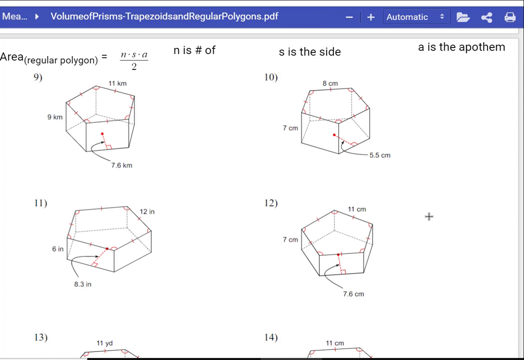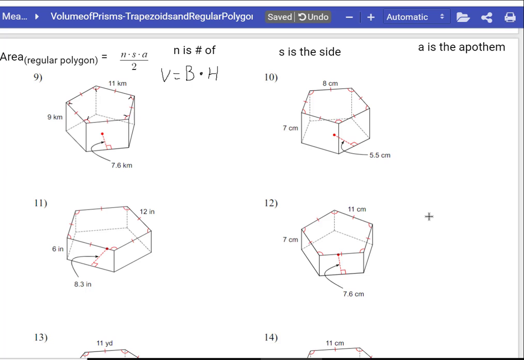Remember, every single one of these is going to be the same. The volume is equal to the area of the base times how many times it repeats, but we have to figure out what that is. These are all regular polygons. Each of the interior angles is congruent with each other, and each of the sides is congruent with each other.